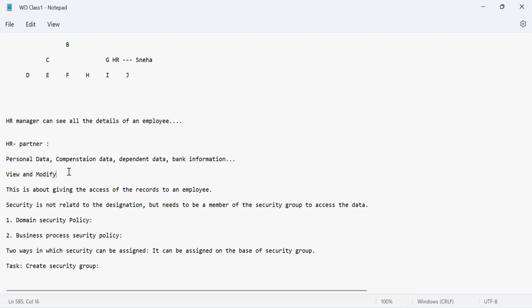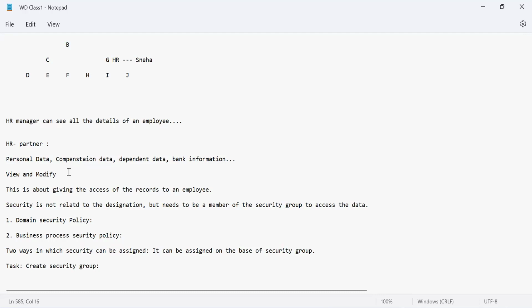For example, if I'm changing my personal data, like updating my current address, will the old address be saved at the back end, or how is that?